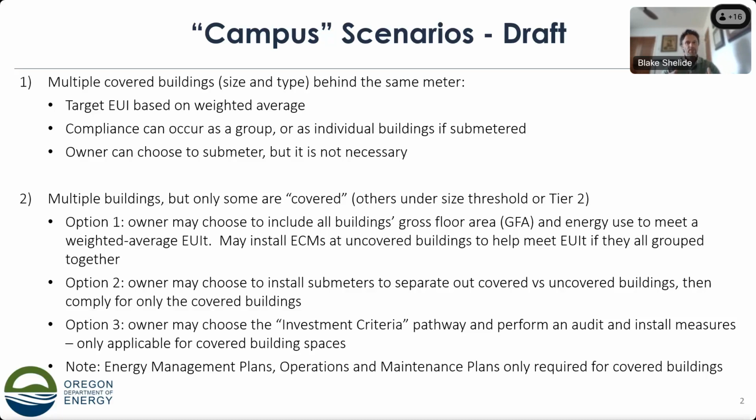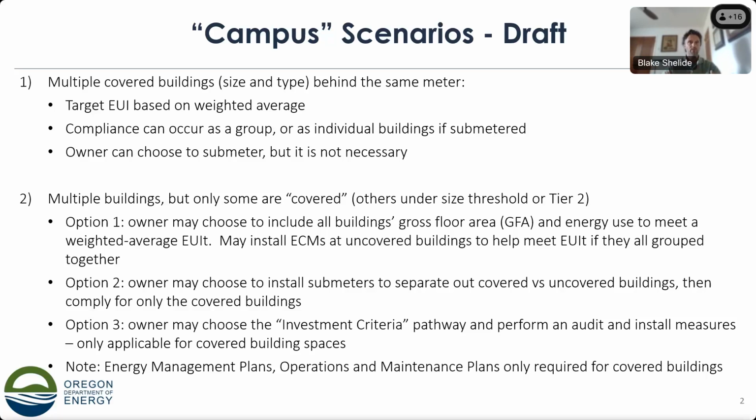So then there's this other scenario too, where you've got multiple buildings and only some are covered. Say some are under the size threshold or some are tier 2. So those buildings would have multiple options as well. An owner could choose to include all the buildings' gross floor area, so both covered and uncovered building space, and their energy use to meet a weighted average EUI to meet their target.